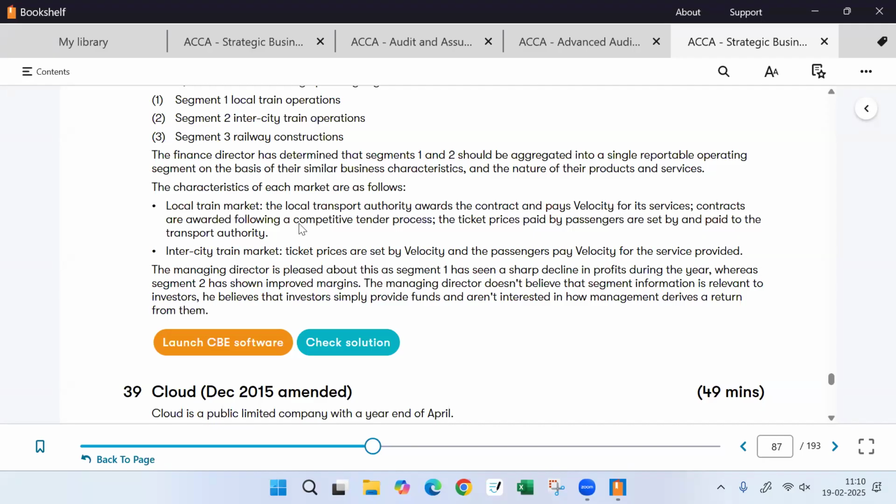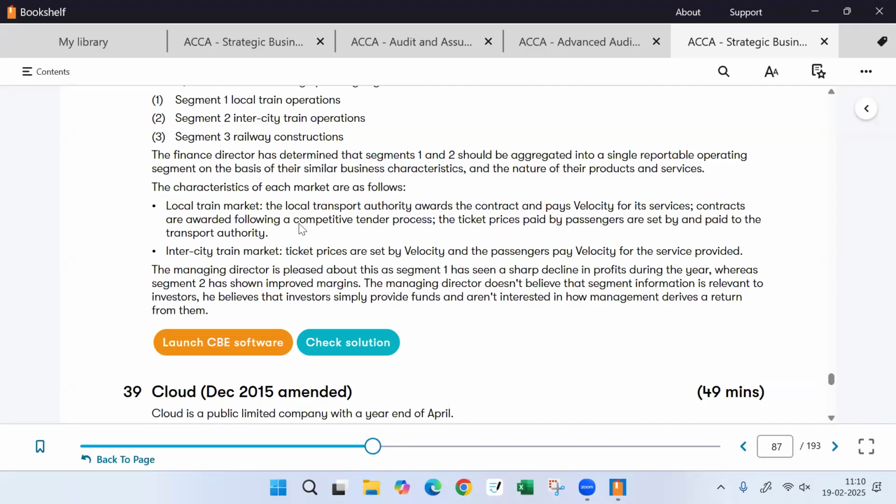Correct? So you should first contradict the managing director's view. You should say that IFRS 8 provides information which makes the financial statements more useful for investors. And the objective of the financial statements is what? It is to provide information to the users to take decisions with respect to providing resources to the entity.